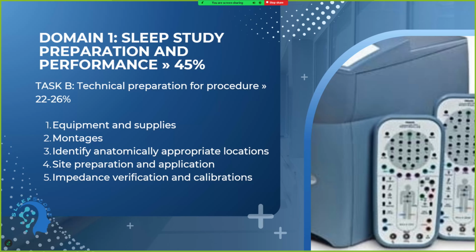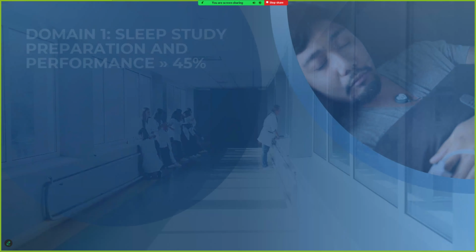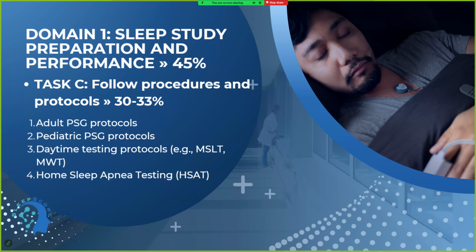Now from this task B, in domain one, sleep study preparation and performance, 45% of questions will come. Out of that 45%, 22 to 26% of the questions will come from task B. Now the next one, same domain one, is task C, follow procedures and protocols.